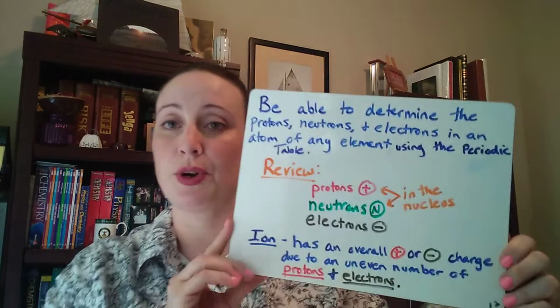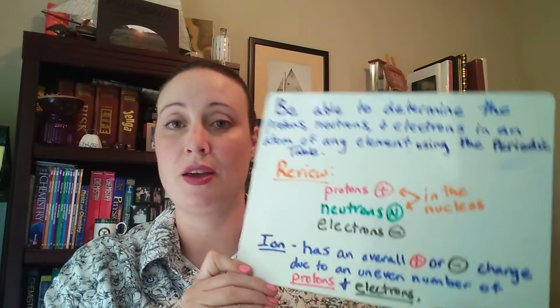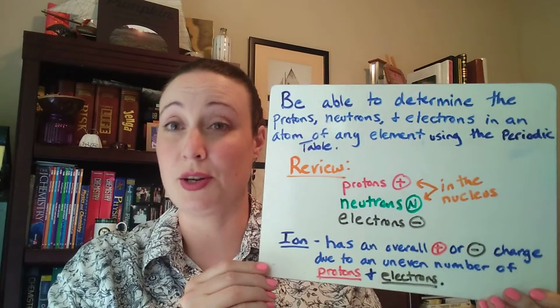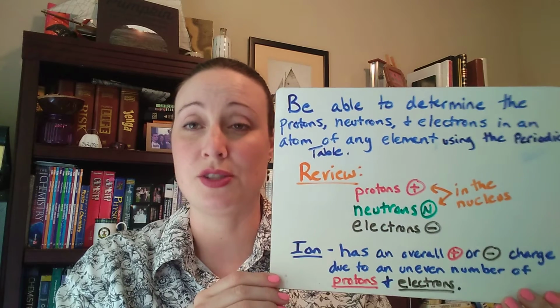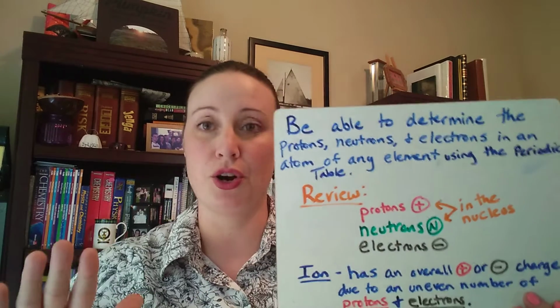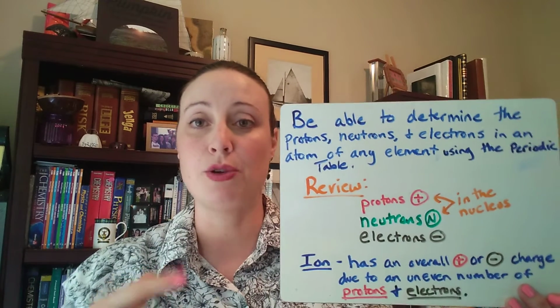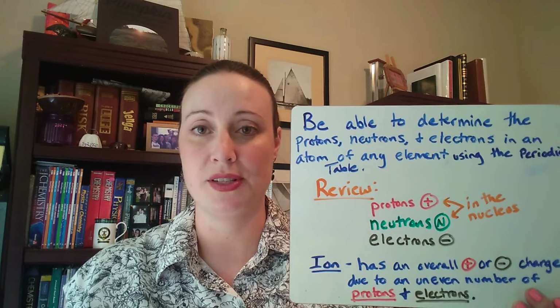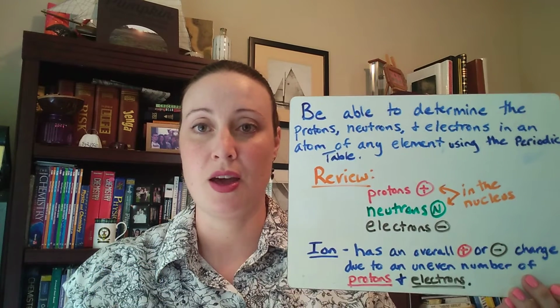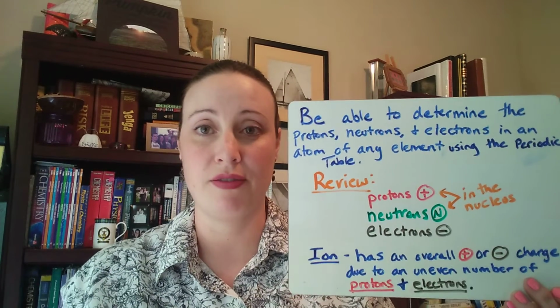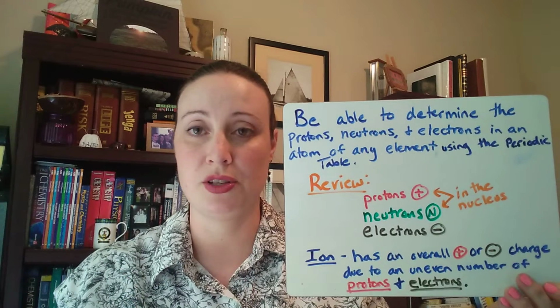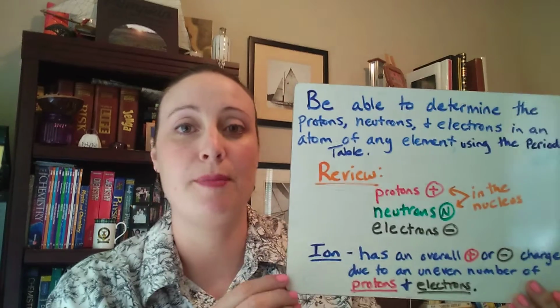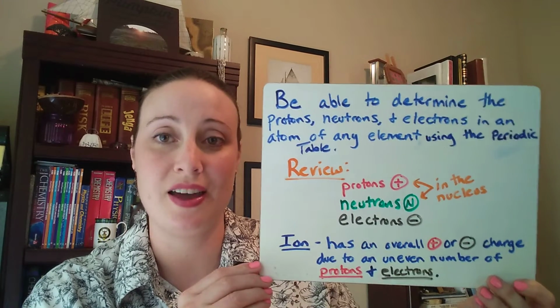Just a couple of things we're going to review from last week: protons are positive and neutrons are neutral, meaning that they don't have any charge, positive or negative. And those are both in the nucleus of the atom, the center of the atom. And electrons are negative. Also, last week we talked about ions.